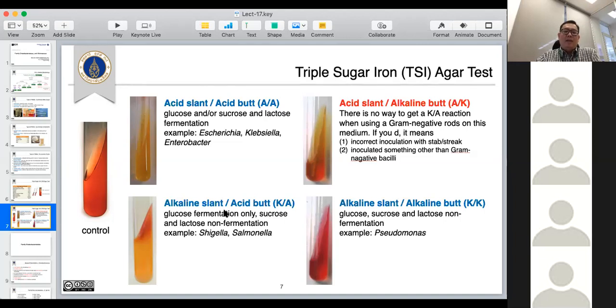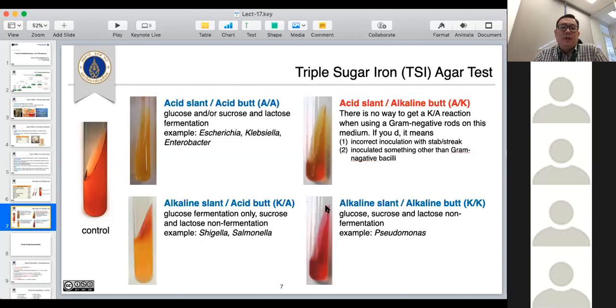Okay, that's referred to Shigella and Salmonella, and A/A is mostly Escherichia coli, so you know E. coli, Klebsiella, or Enterobacter.